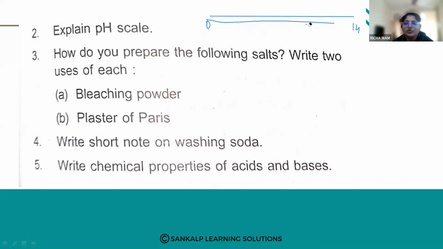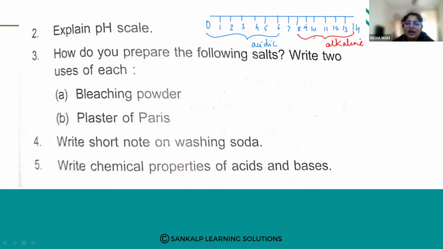So 1, 2, 3, 4, 5, 6, 7, 8, 9, 10, 11, 12, 13. Basically 1 to 6 is acidic pH. Then 8 to 9 is alkaline pH. And your 7 is neutral.